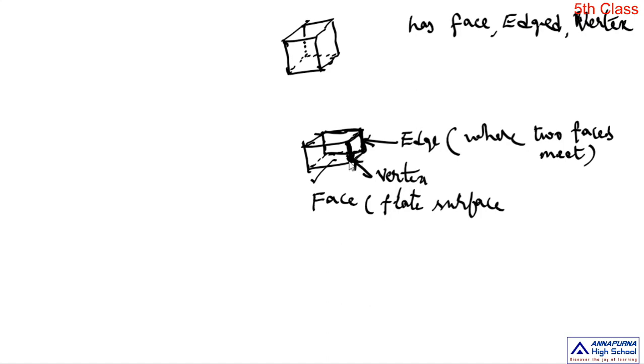Therefore, it is called a vertex. Vertex means a corner where edges meet. Did you understand?